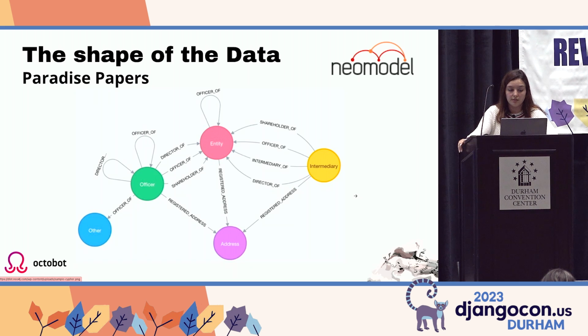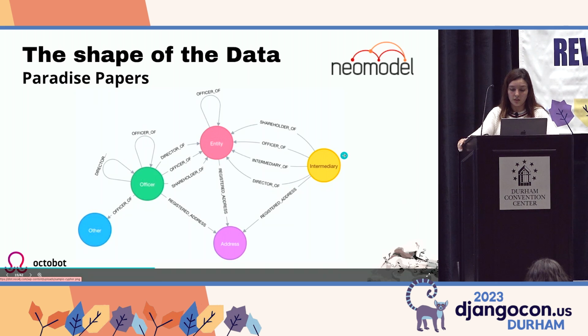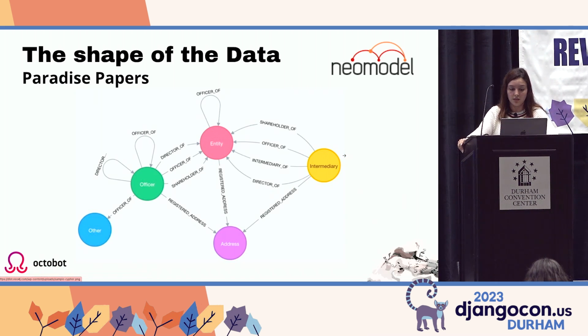And then we have the intermediary, that is a go-between an offshore corporation and a person that wants it. And then we have address, that are all the addresses that were found in the ICIJ database. And others are other entities that play a role in this database.